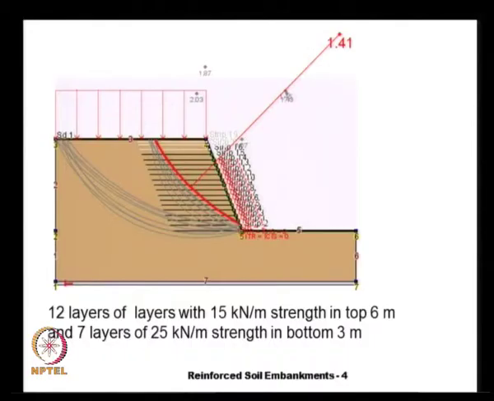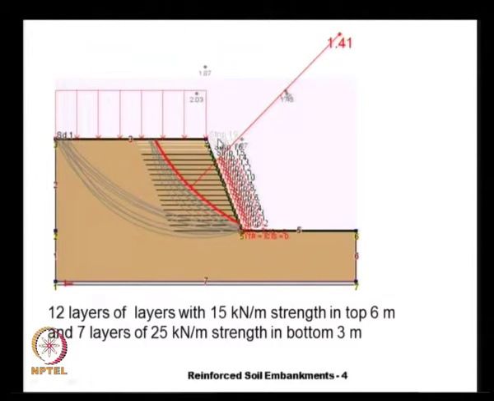We can use a computer program and come out with more efficient alternatives, but here I have considered only two types of reinforcements, one having a strength of 25 kilonewtons per meter and the other having a strength of 15 kilonewtons per meter.